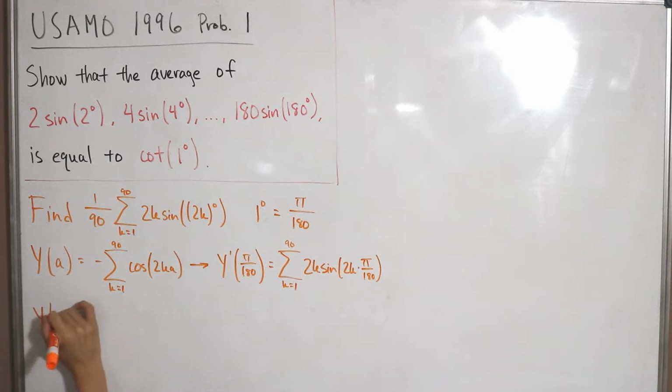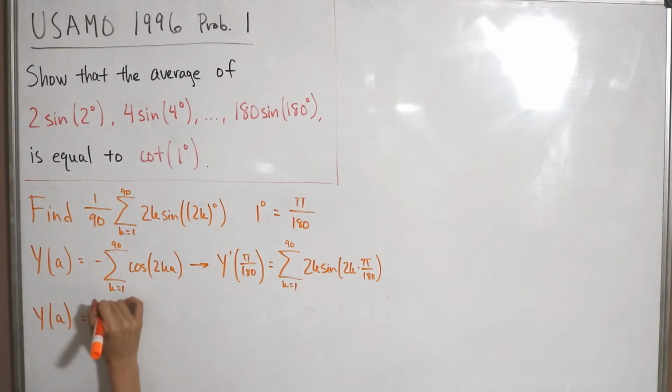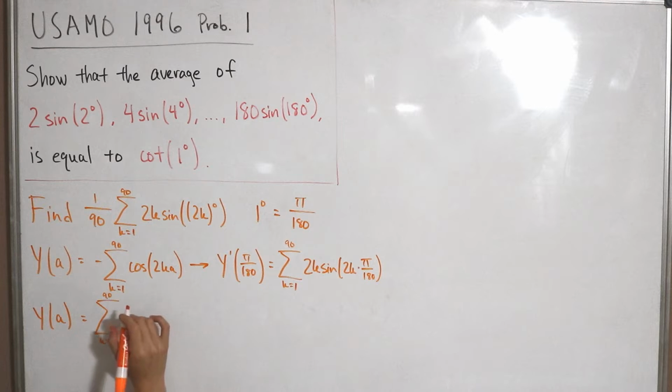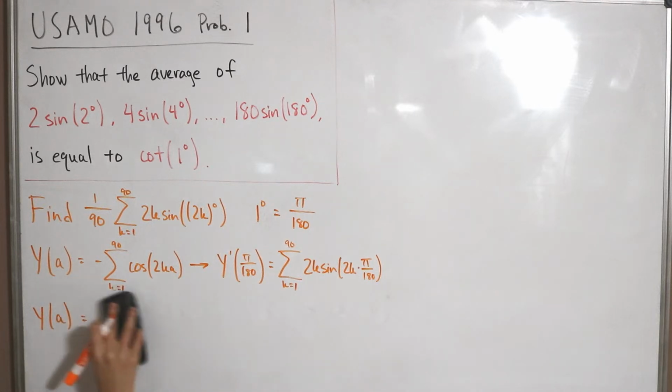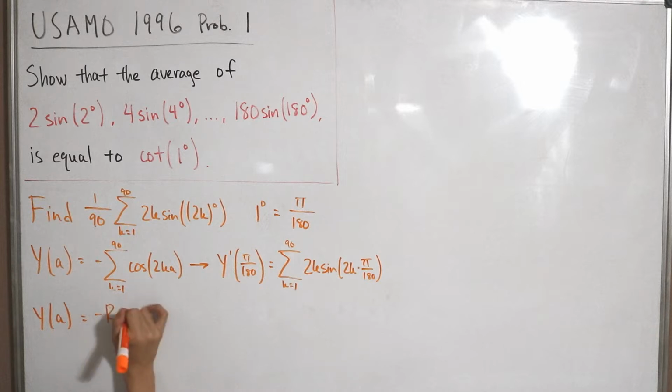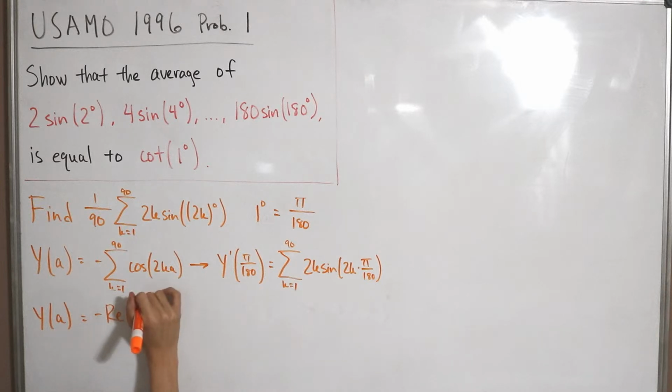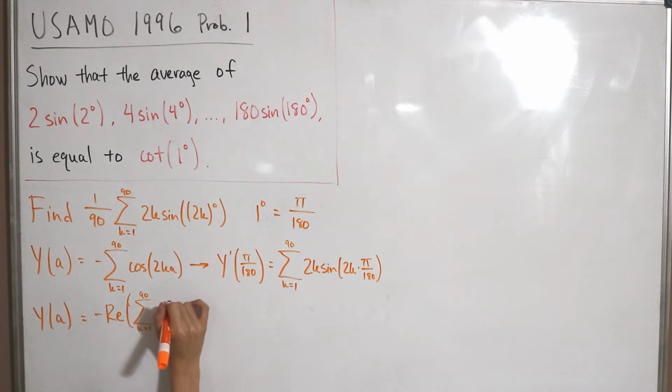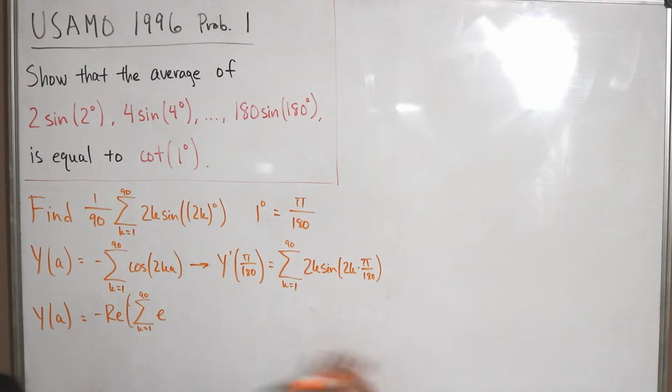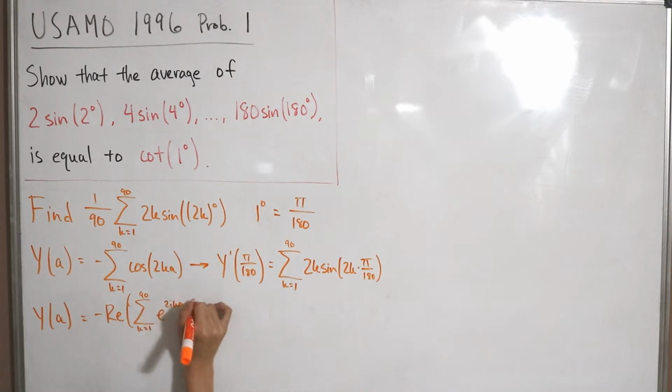So Y of a can be rewritten as the real part of the sum from k equals 1 of e to the power 2ik times a.